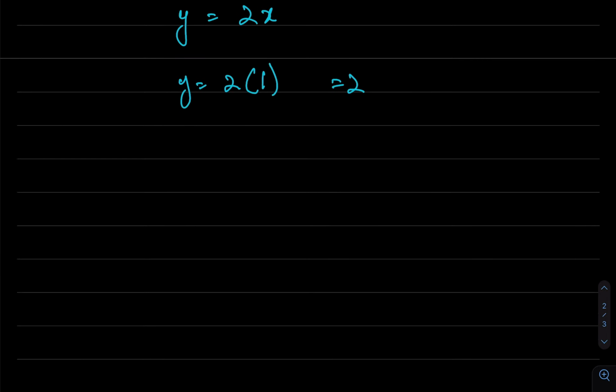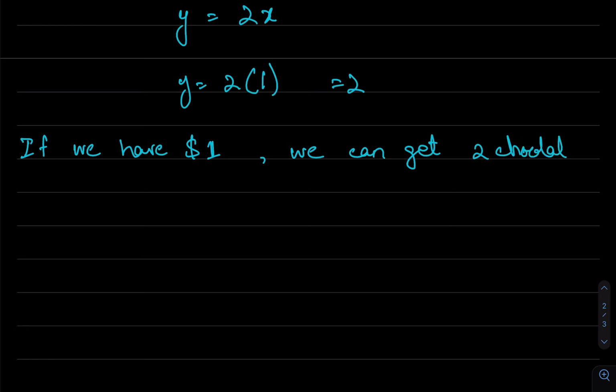The way we write it is, if we have $1, we can get two chocolates. Right now, instead of writing this whole sentence, we can simply use function notation. And the way we write it is y equals f of x. Y is a function of x, and y equals 2x as well.